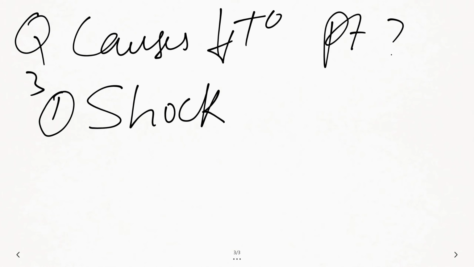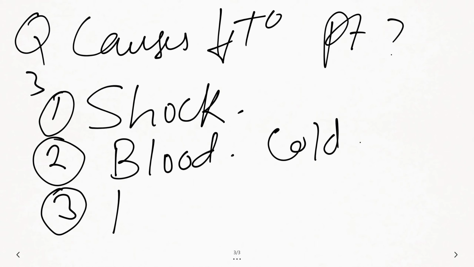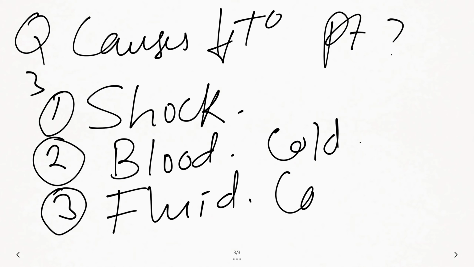And number two, this patient will receive blood, and this is an emergency, and most probably there will be no time to warm the blood, so it is cold blood, okay? And before that, during his resuscitation on the way to the theater, he is receiving a huge amount of fluids, is it right? And they will be cold also because this is an emergency. Okay, so in this case here, he will receive a lot of things that are cold, and he is in shock.